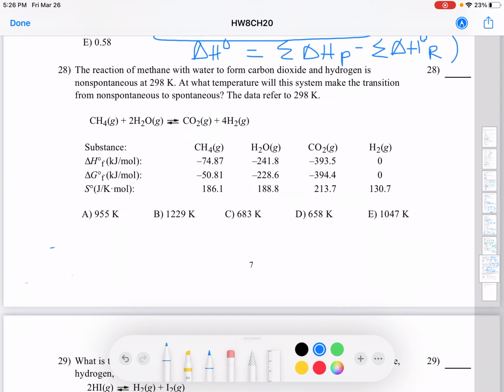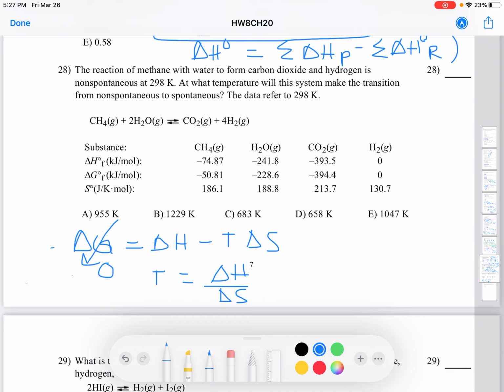So we are going to use this equation again, delta G equals delta H minus T delta S. This would be 0. So the temperature is going to be delta H over delta S.